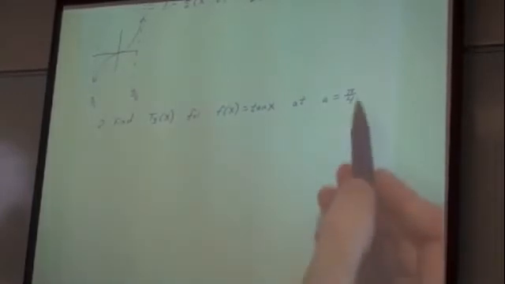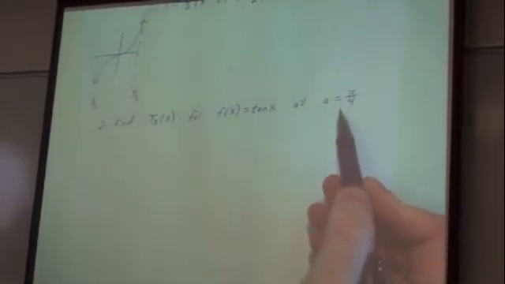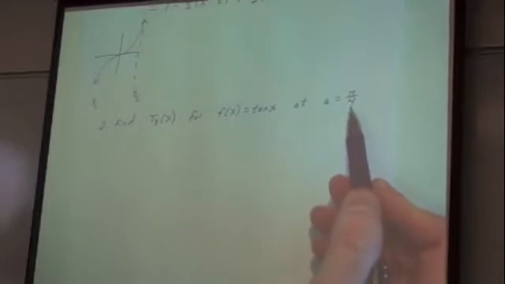Now the closer I get to pi over 2 or negative pi over 2, the more this function is going to struggle, because it's going to have difficulty approaching infinity with just a polynomial. But at pi over 4, I know the tangent of pi over 4 is 1. It should be able to handle that pretty easily. So let's see it in this scenario.